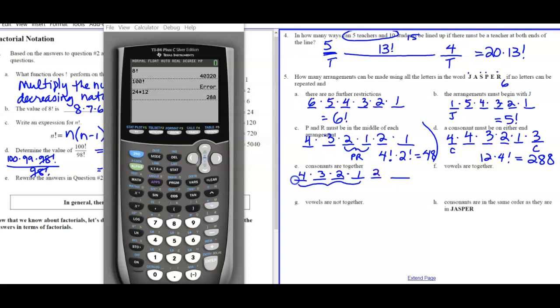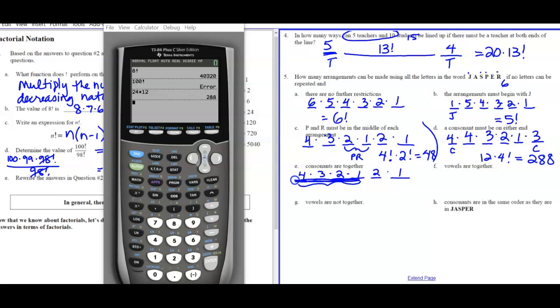The vowels would be 2 times 1. But those consonants could be together starting there, or they could be together in these 4, or in these 4. So it's kind of like choosing this as a group.